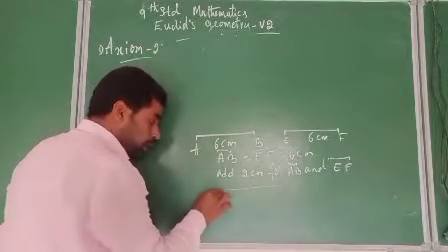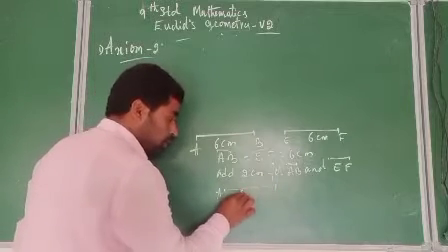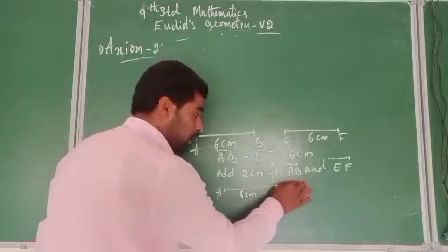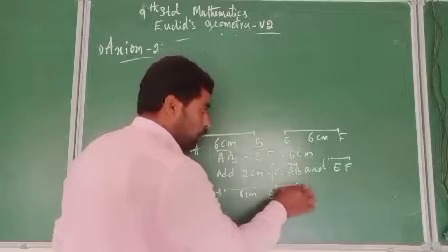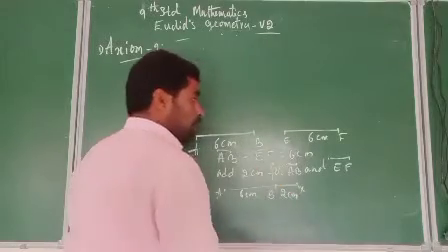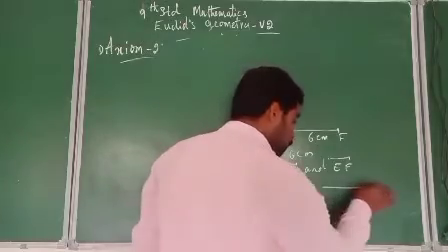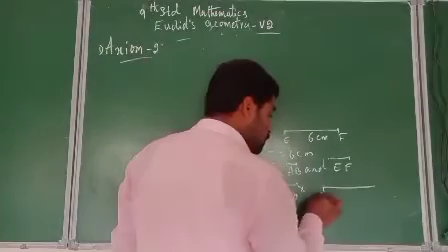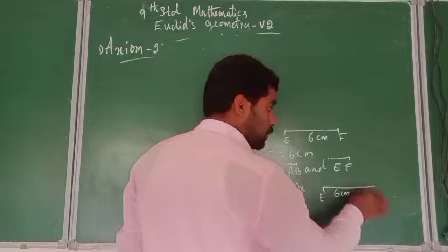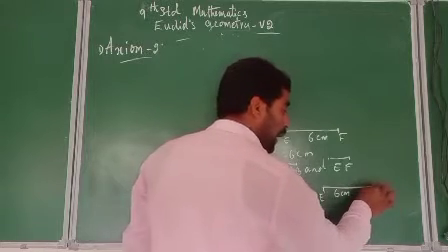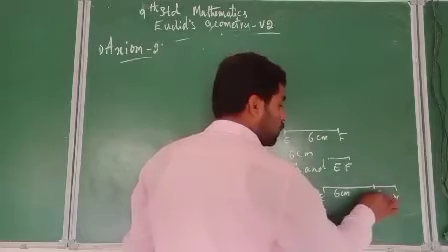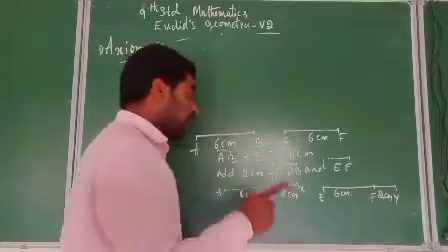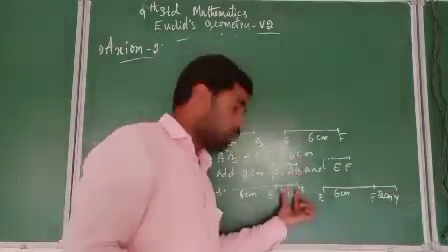AB is 6 centimeter, I'll extend up to X by 2 centimeter. For the line segment EF, which is 6 centimeter, I'll add 2 centimeter and mark it as Y, which is equal to 2 centimeter. Now we are adding equals to the equals.